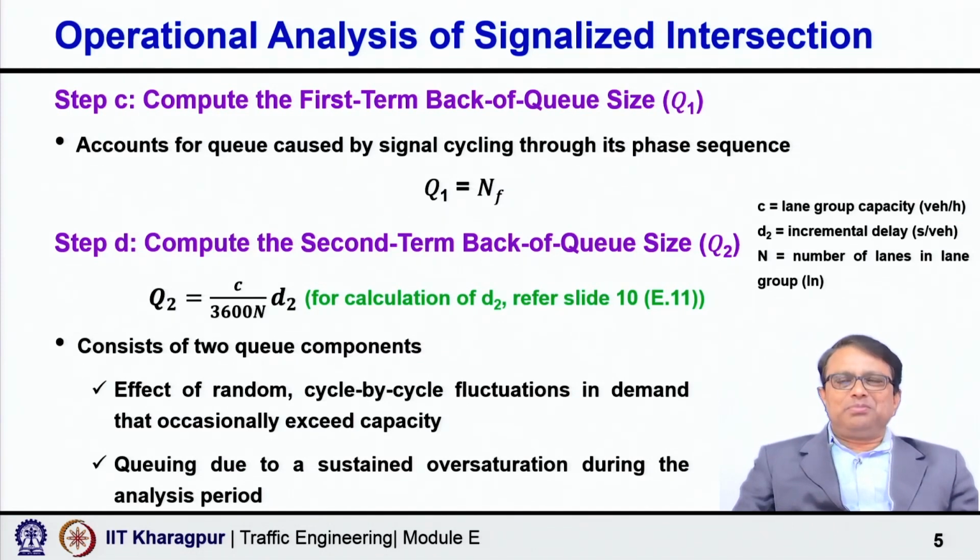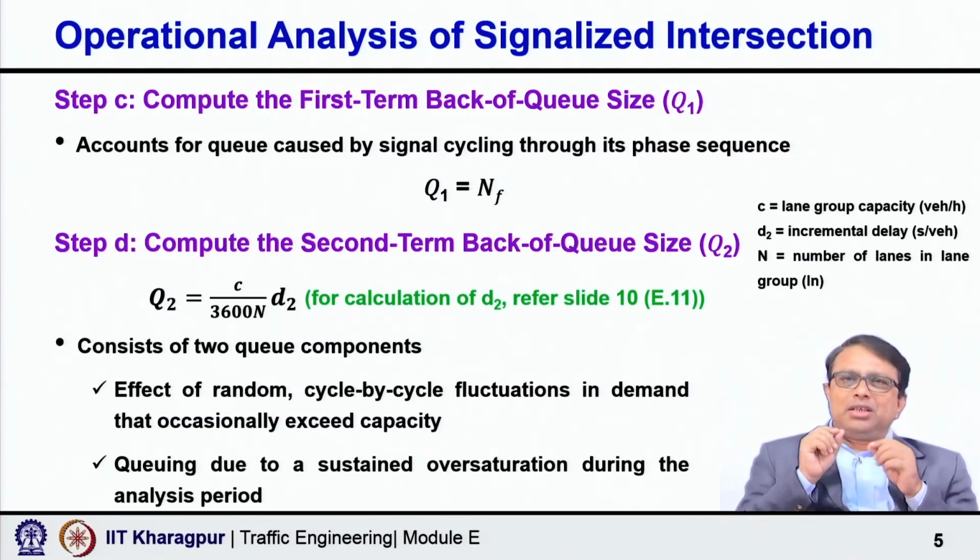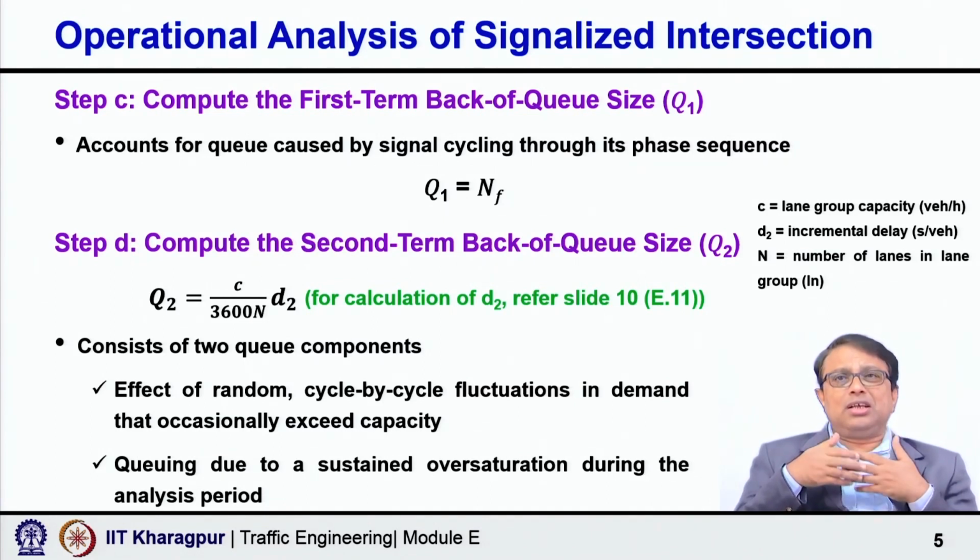Now, the second term also is known to you. The second term includes actually two Q components. One, the effect of random cycle by cycle fluctuations in demand that occasionally exceed capacity. That means, over the entire analysis period, it is not that demand is more than the capacity, but in individual cycles, because of the effect of random arrivals, in some cases capacity may be lower than the actual demand.